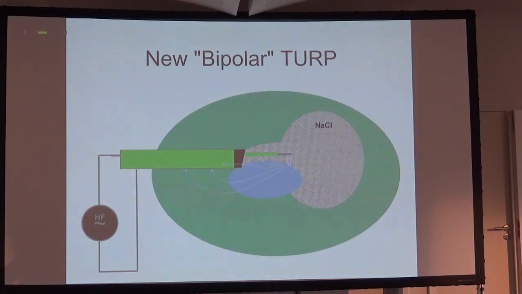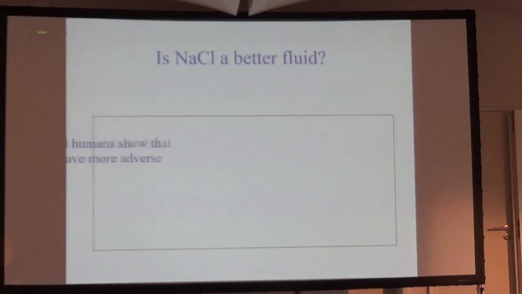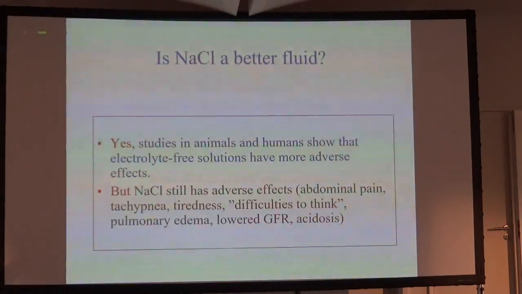Okay, that's for the monopolar. I will say a few words about the bipolar TURP. That's a more modern type of electrocutting. Then we don't have the electricity going through the patient. It's only generated at the tip of the resectoscope, and that means that we can irrigate with saline, which is of course much better because the electrolyte solutions are less dangerous than the non-electrolyte solutions.